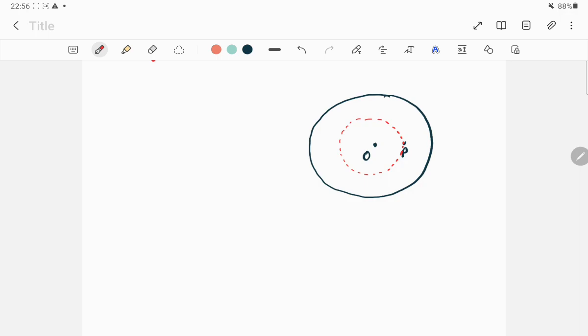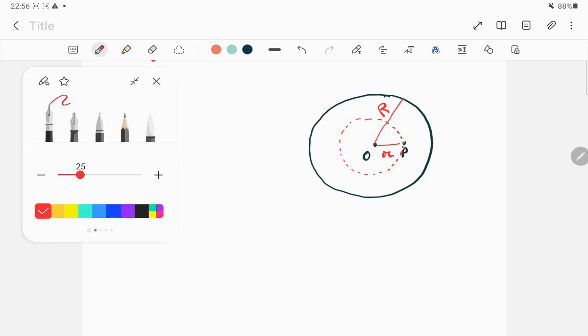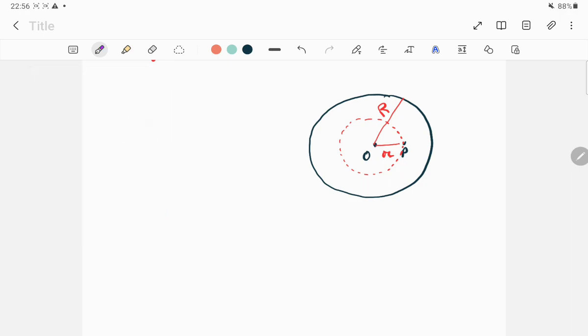This is our capital R, this is our small r.